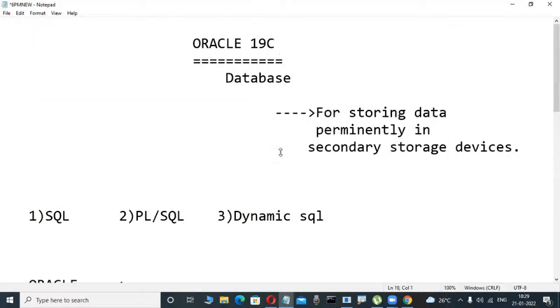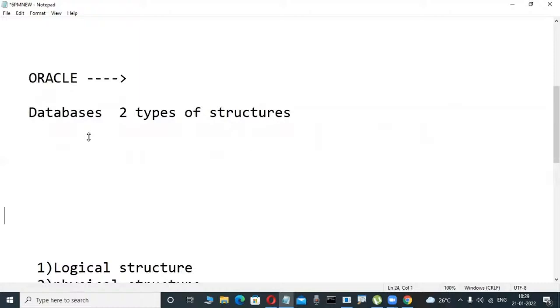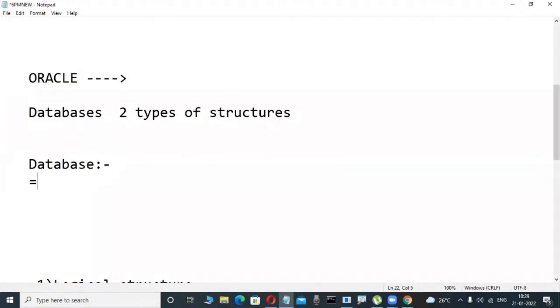Before we explain what the logical and physical structures are in every type of database software, a database definition in books is written by many people like this. Today at least you can understand it. What does database mean? Anybody looking on Google or in books will see it is a place. Don't read it.